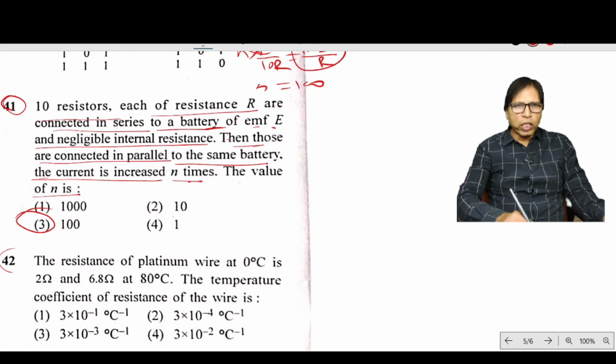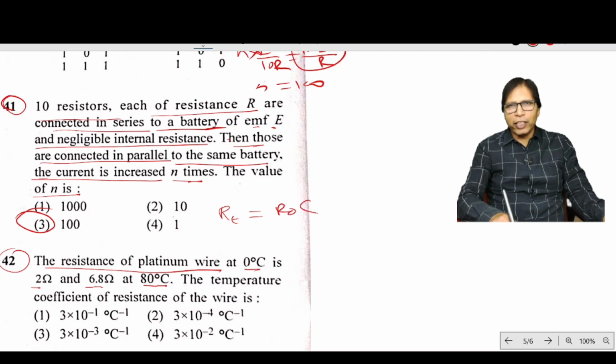Now look at this question number 42. The resistance of platinum wire at 0 degrees Celsius is 2 ohm and 6.8 ohm at 80 degrees Celsius. The temperature coefficient of resistance: RT equals R0 into 1 plus alpha T. Now RT is 6.8, R0 is 2, so 1 plus alpha into 80.